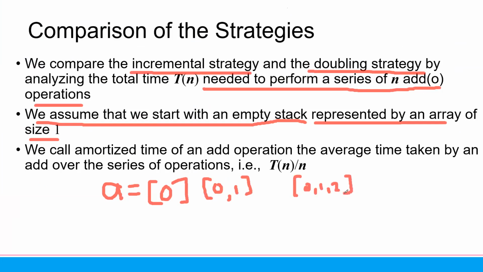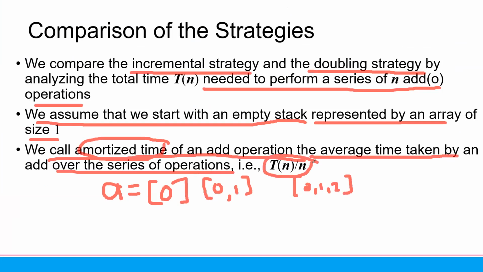What is the time? And so on. We call this the amortized time of an add operation. It is the average time taken by an add over the series of operations, so the total time T(n) divided by n.